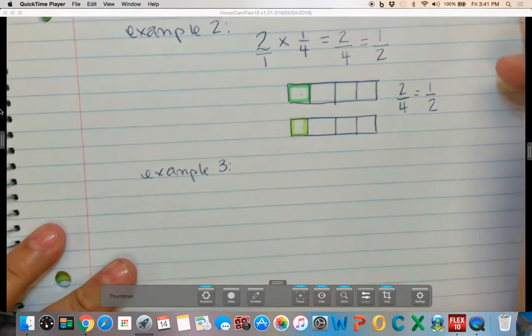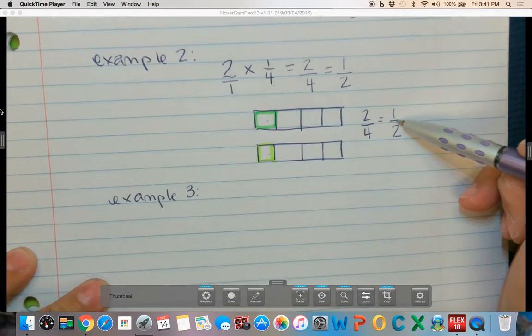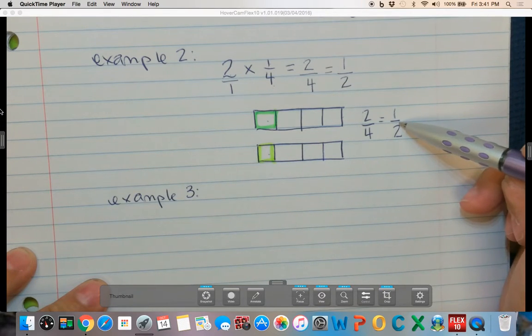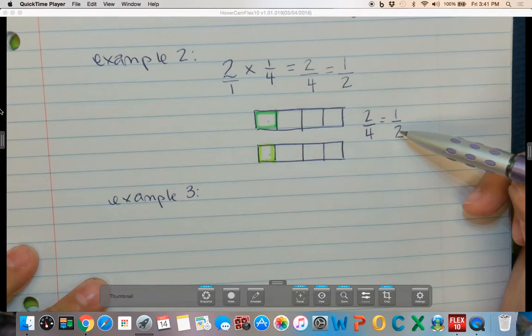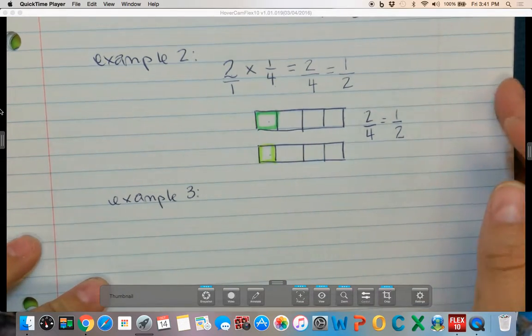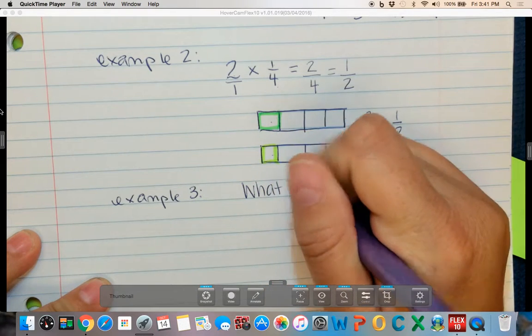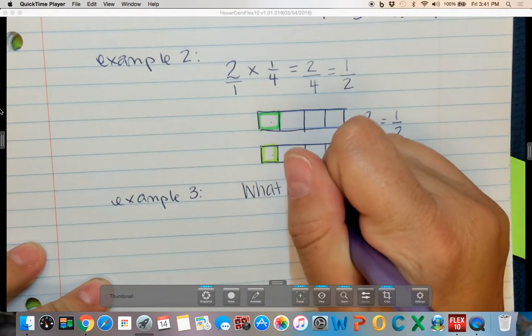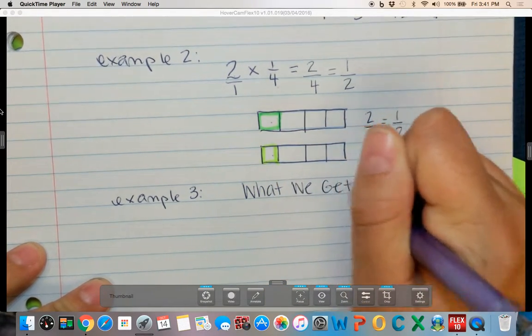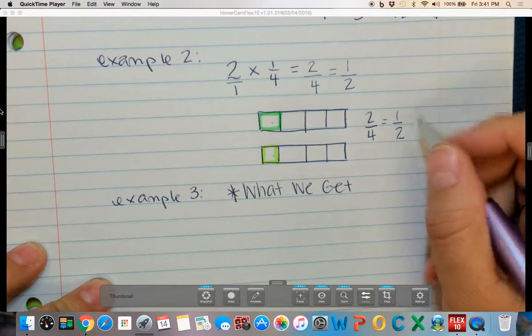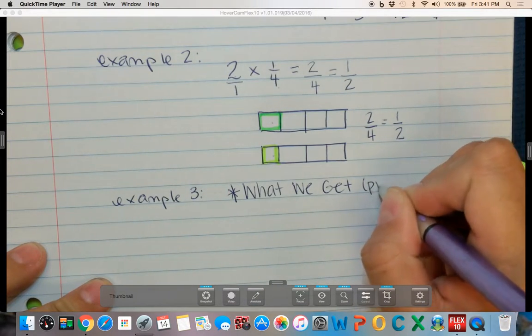And I just want you to see that our answer is always going to be smaller than what we started with. Always smaller than what we started with. Let me write that down. What we get when we multiply is called a product.